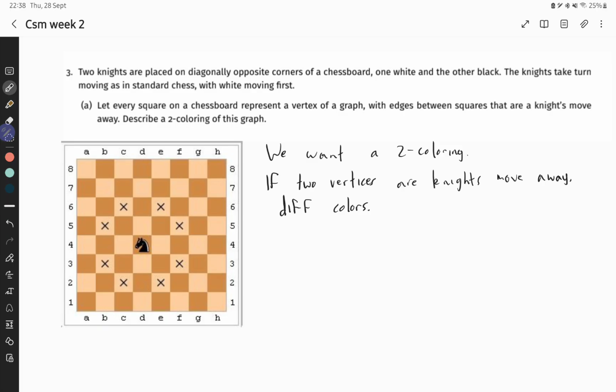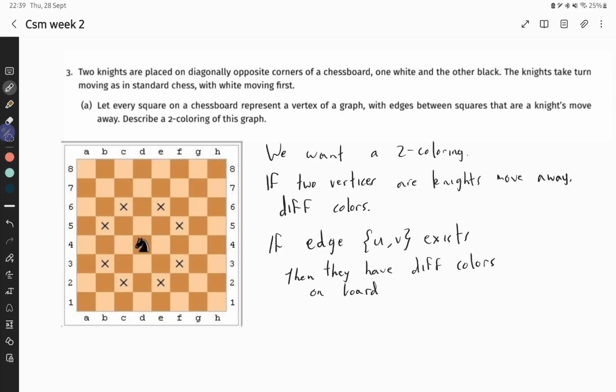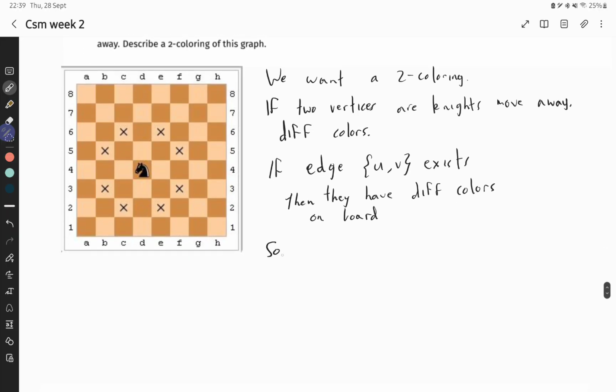And so we can notice that if the edge u comma v exists, so if u and v are connected by a knight's move, then they have different colors on the board. One must be black and one must be white. So we're done.